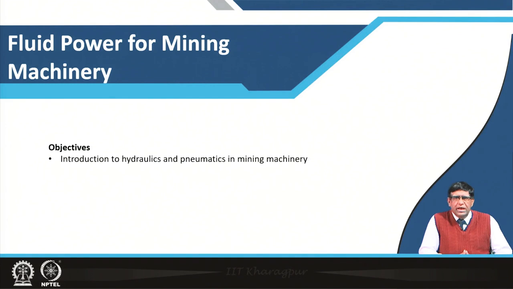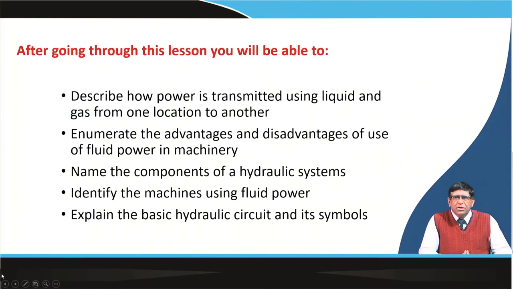In hazardous conditions, where electricity may give a spark and cause explosions in an underground coal mine, pneumatic systems are used. And hydraulics, of course, is one of the major utilizations in machines.